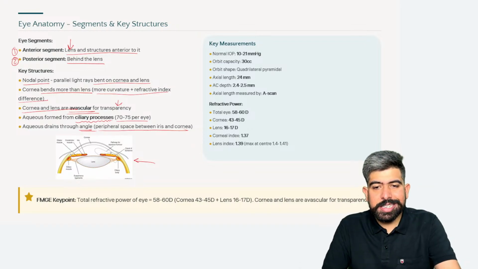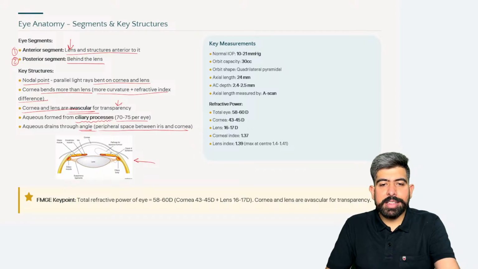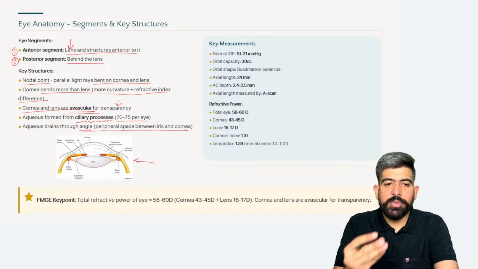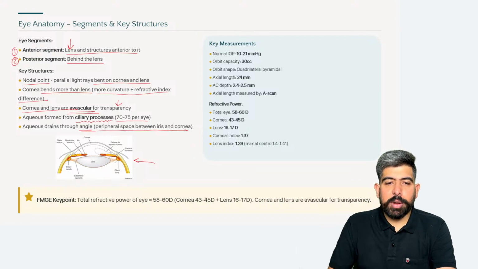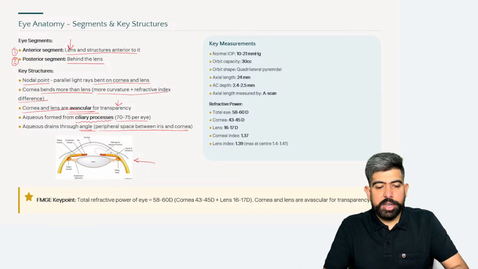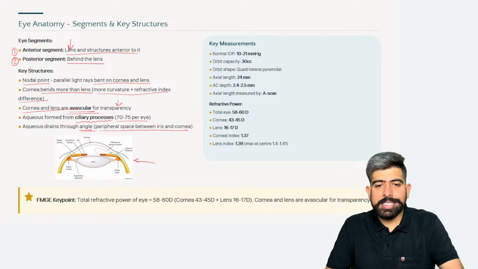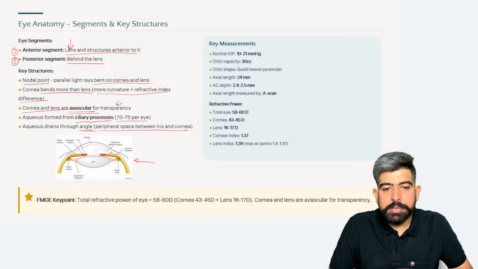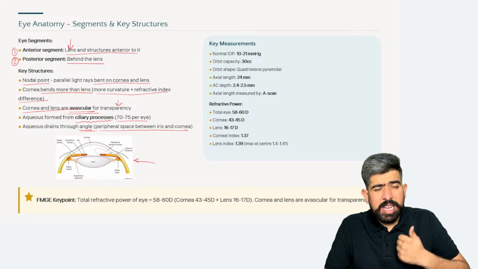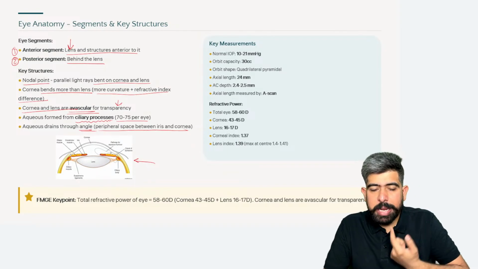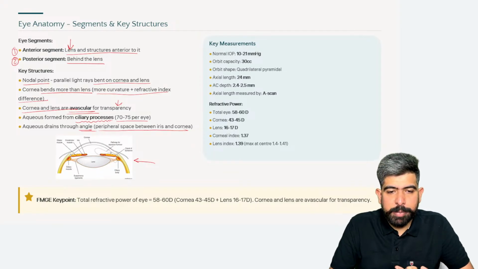You can see the aqueous humor is produced from the ciliary body, and after production it comes in front of the lens, which is the posterior chamber, please remember. So it is in the posterior chamber, behind the iris, and this is your pupil.